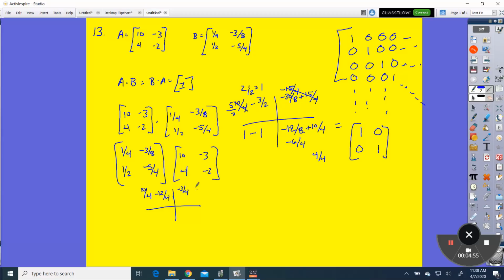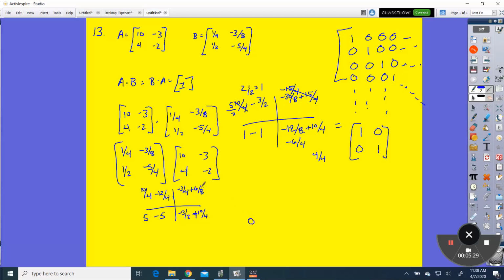Negative 3/8 times negative 2 is a positive 6/8. 1/2 times 10 is 5. Negative 5/4 times 4 is negative 5. 1/2 times negative 3 is negative 3/2. 1/2 of negative 2. Let's see. Negative 5/4 times negative 2 is positive 10/4. Okay. So 5 minus 5 in the bottom left-hand corner becomes 0.